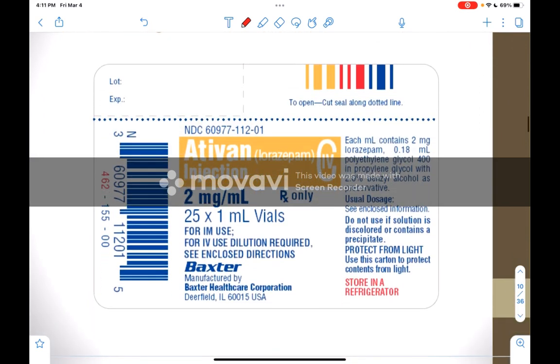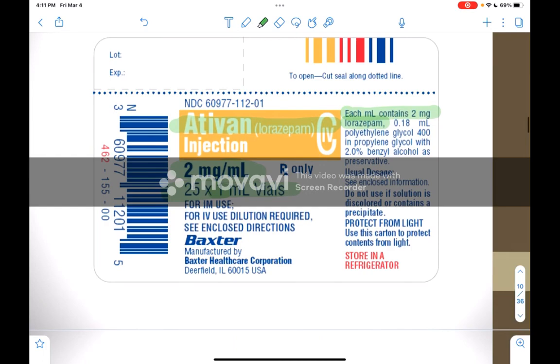Okay, this one for Ativan or lorazepam, there's 2 milligrams for each milliliter. And this must be a large box that has 1 milliliter vials, but 25 of them total. So each milliliter contains 2 milligrams of lorazepam.